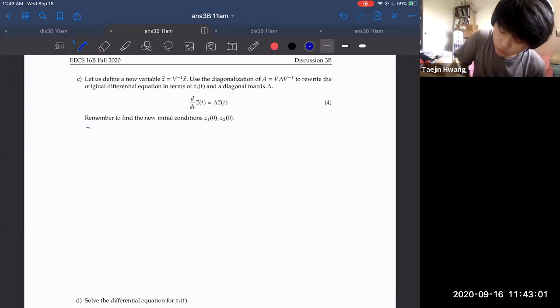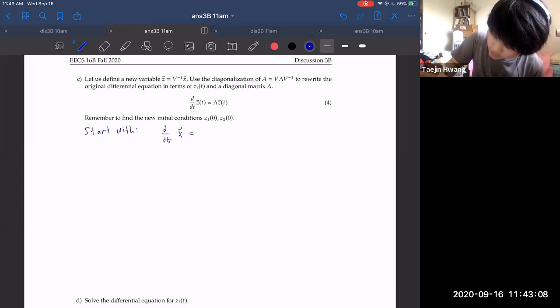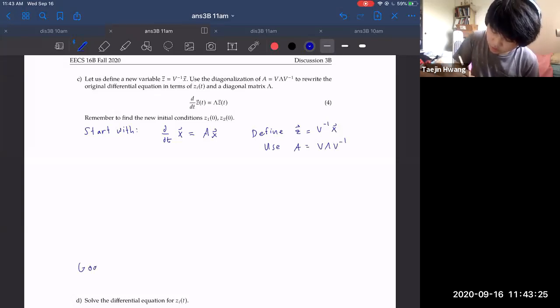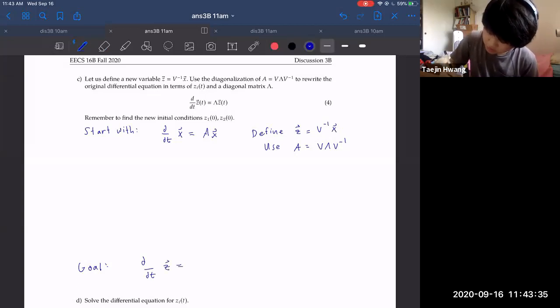So we're going to start with dx/dt equals Ax. Define z equals V inverse x, and use A equals V lambda V inverse to get to our goal, and the goal is that dz/dt, or d/dt of z, doesn't really matter, is equal to lambda times z.